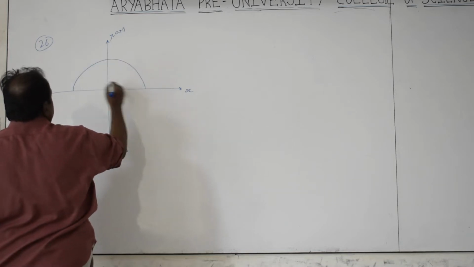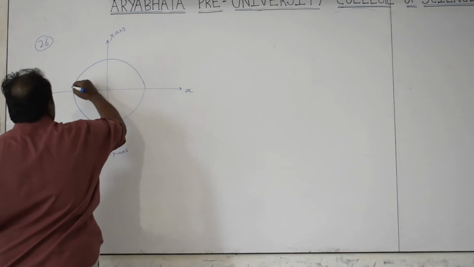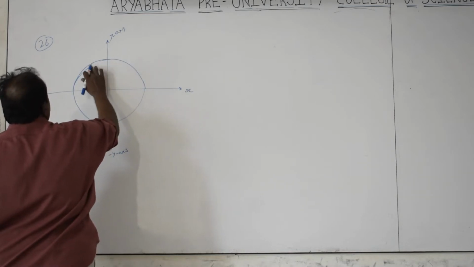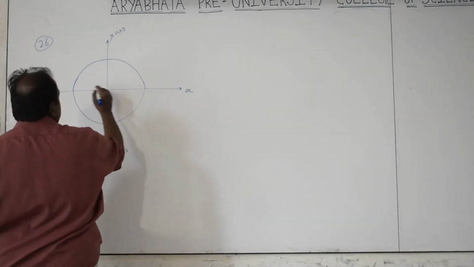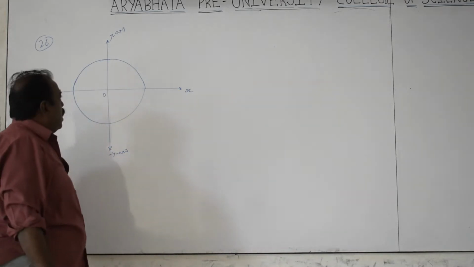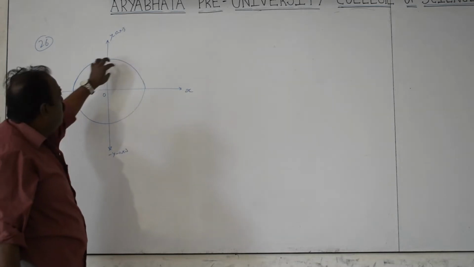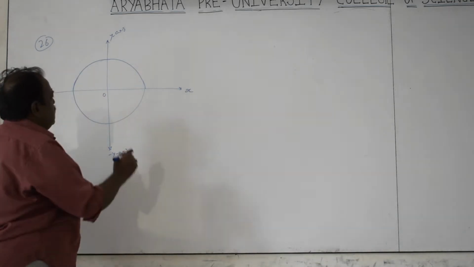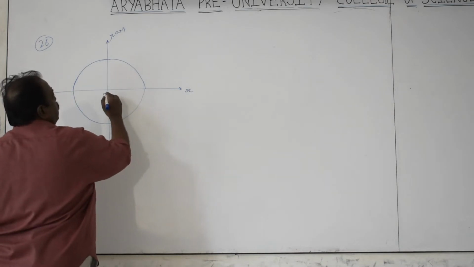Suppose a circle is like that. We take a circle whose center is the origin, and equally there are four parts, four quadrants. The radius is 1 unit, so assume it is a 1 unit radius.